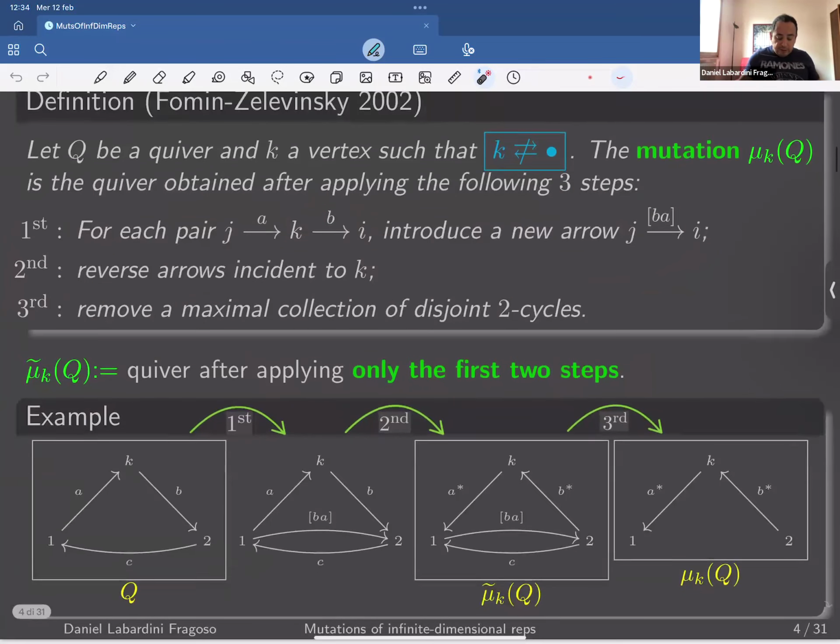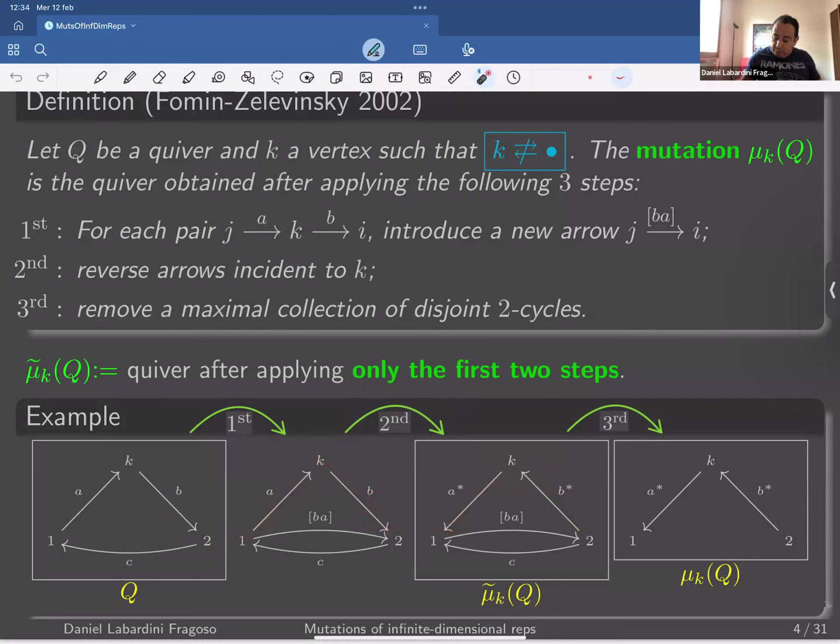Here you can see a well-known example. We take this three-cycle with arrows a, b, and c. In the first step, you see there's this incoming and this outgoing arrow, so one adds this composite arrow. In the second step, one reverses the arrows incident at k, so these arrows get reversed.